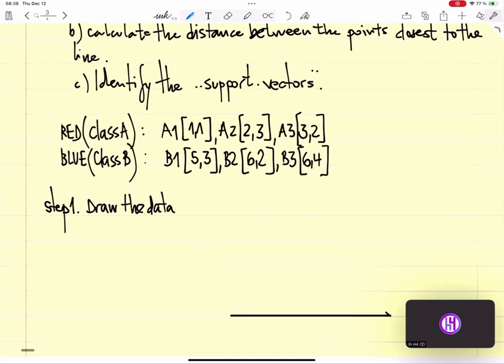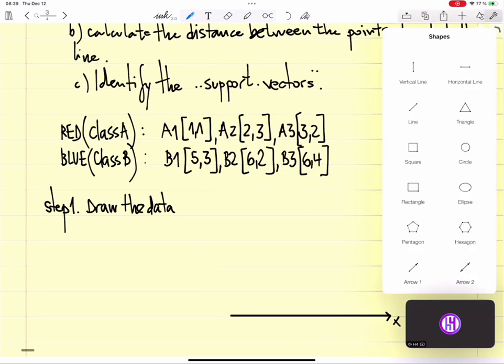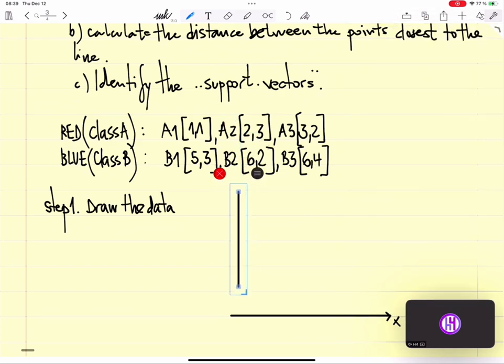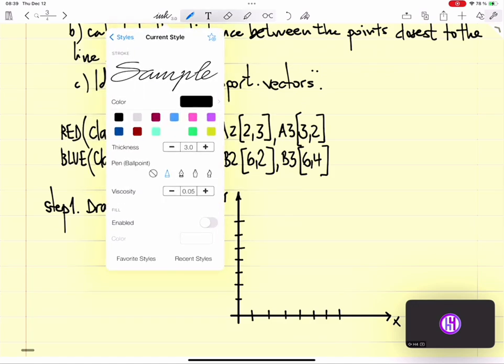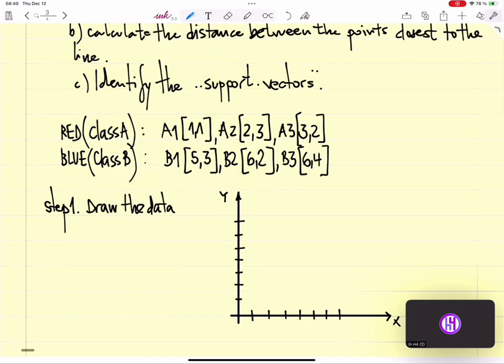So to get the data painted, we paint this. So here we have 1, 2, 3, 4, 5, 6. 1, 2, 3, 4, 5, 6. Then we paint the red dots 1, 1, 2, 3, and 3, 2.